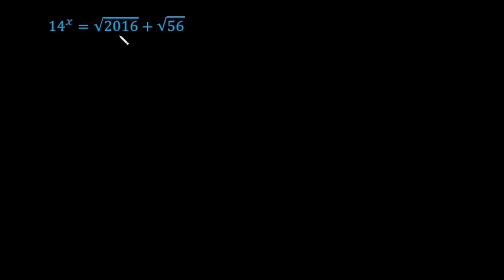So let us find the prime factors of 2016 and 56. 2016 divided by 2, we get 1008. Divide 1008 by 2, we get 504. Divide 504 by 2, we get 252.